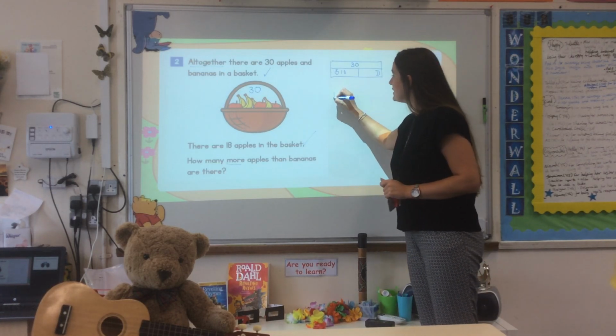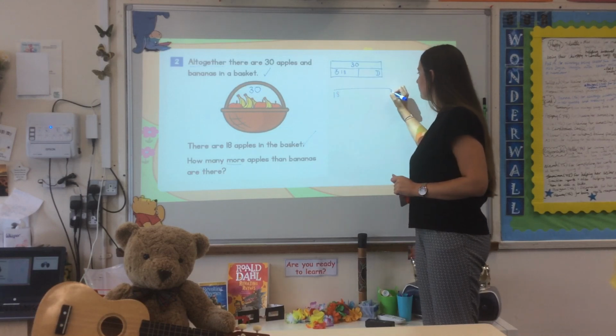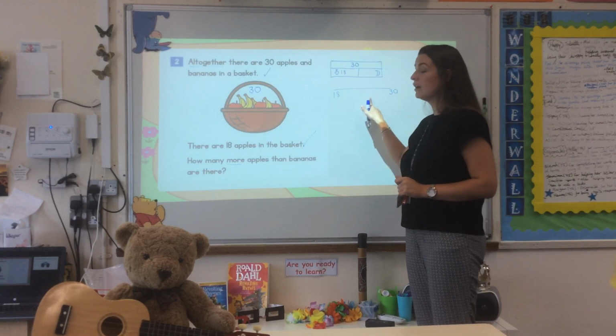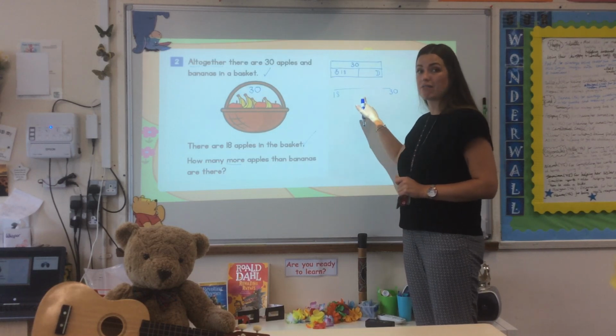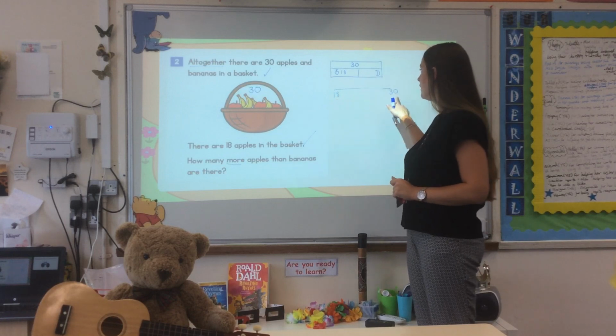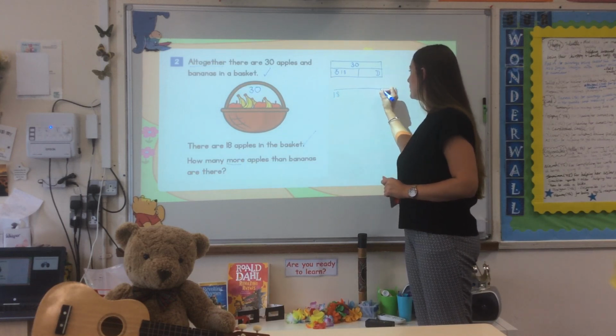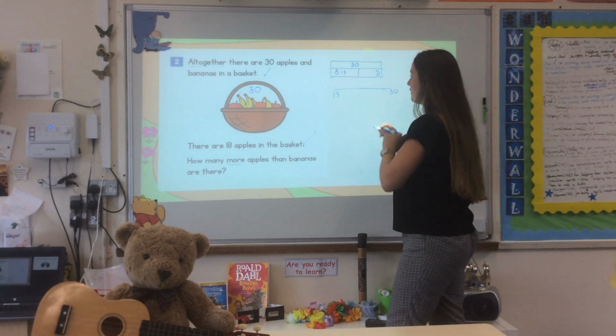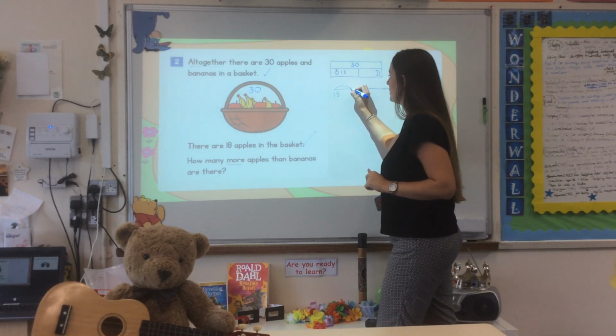So, we've got 18 apples, and the total is 30. Okay? I need to work out this difference here to help me see how many bananas there are. So, 18 is part, 30 is the whole. I need to find out how many bananas there are. So I'm going to count on from 18 up to 30. Now my first logical jump is going to be a jump of what?